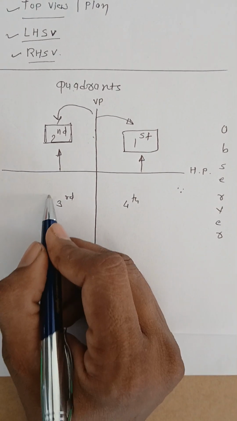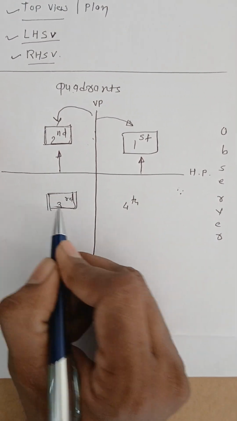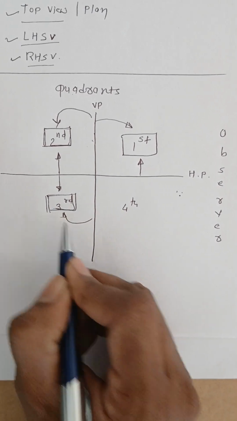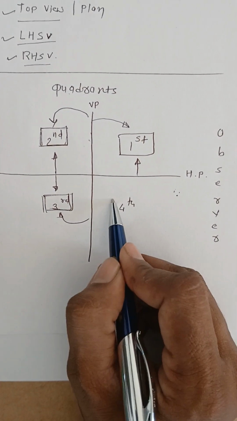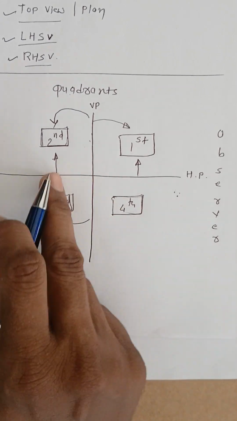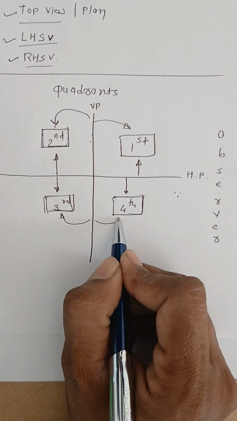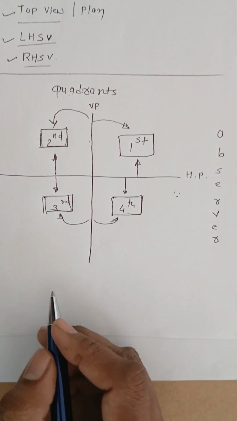If object is in third quadrant, object is below horizontal plane and behind vertical plane. If object is in fourth quadrant, object is below horizontal plane and in front of vertical plane.